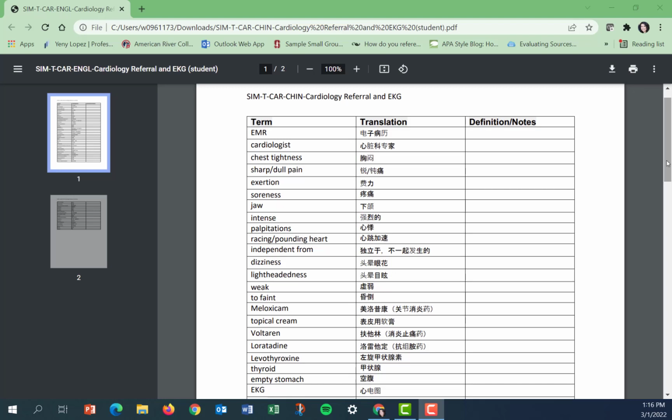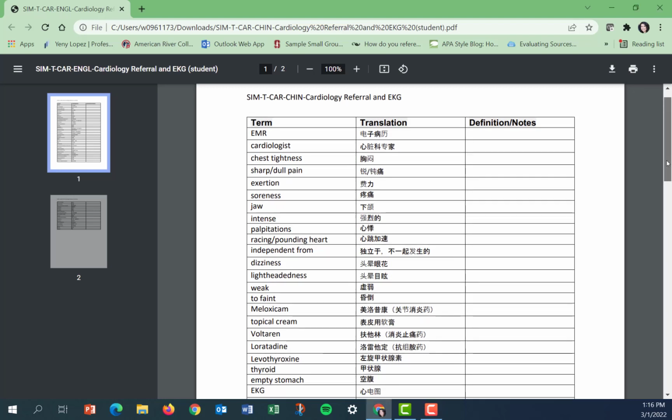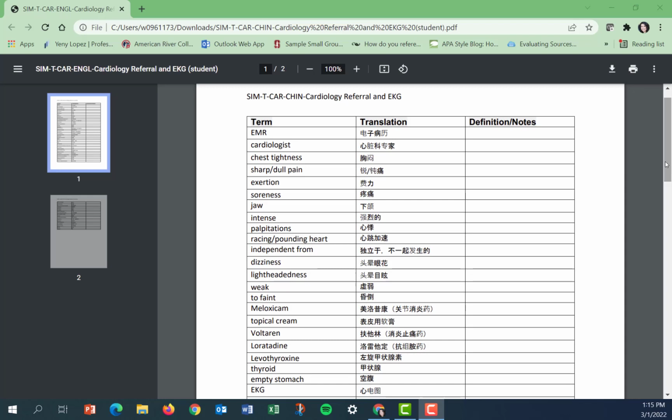Thyroid. Take the medication on an empty stomach. EKG. And remember, this means electrocardiogram. Be sure to fast before you come in for your blood tests.